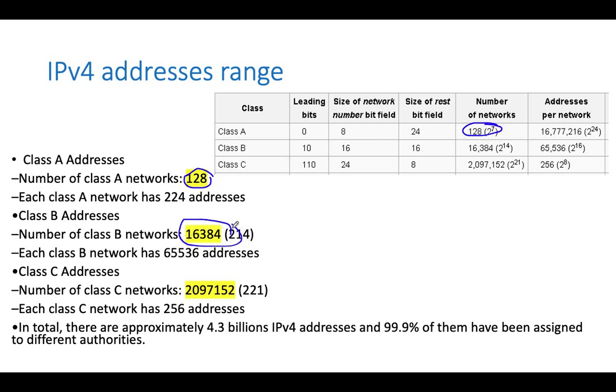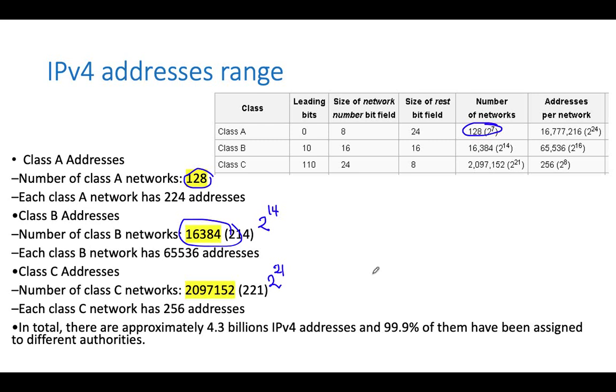You can have 16,000, 2 power 14, by the way. This is not 214, it is 2 to the power of 14. This one, 2 to the power of 21. So how many class C networks can I allocate? Up to 2 power 21, which is a lot of numbers.